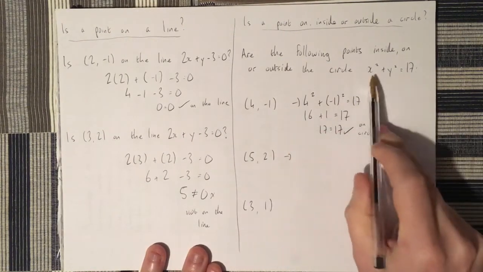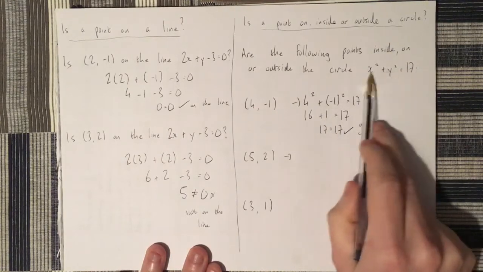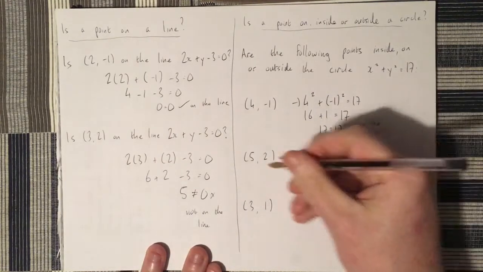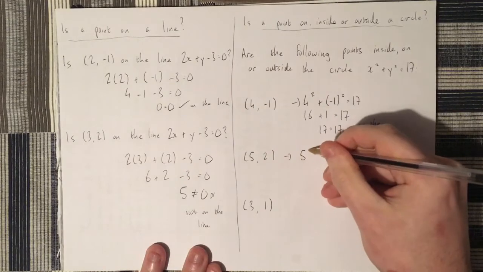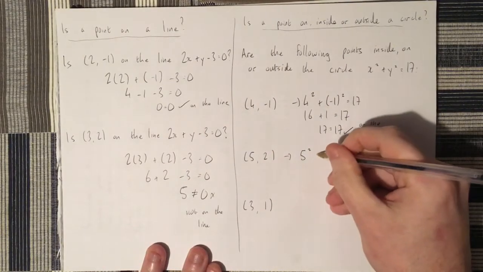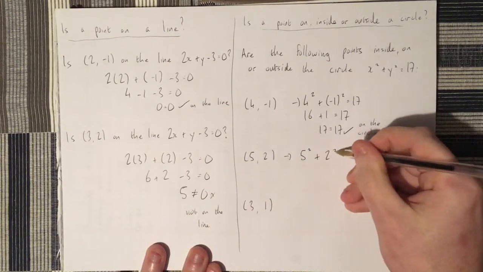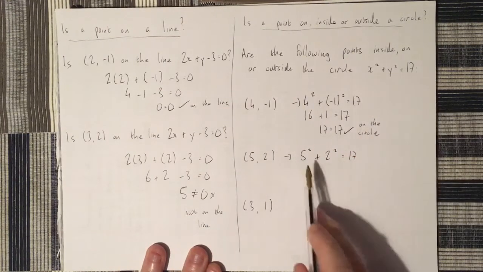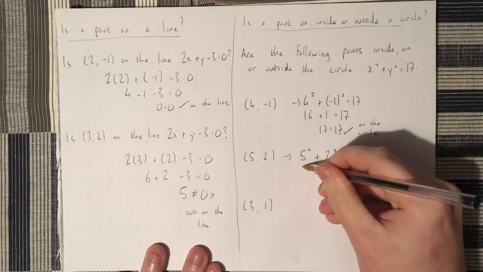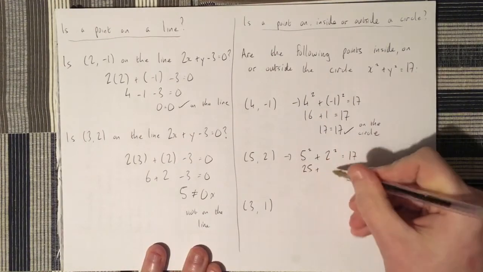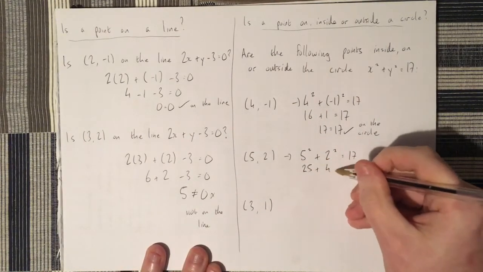I'm going to try (5, 2) now. All right, so sub it into the same circle. So x squared is going to be 5 squared plus 2 squared. Is that equal to 17? Well, 5 squared is 25, plus 2 squared is 4.